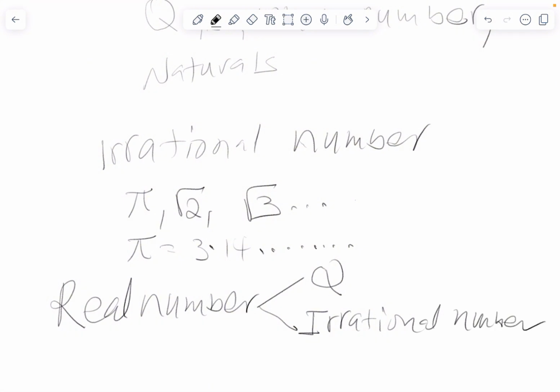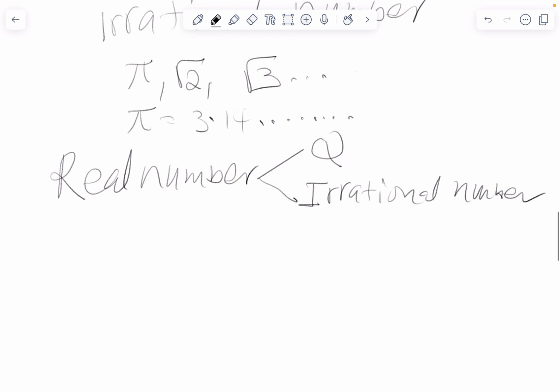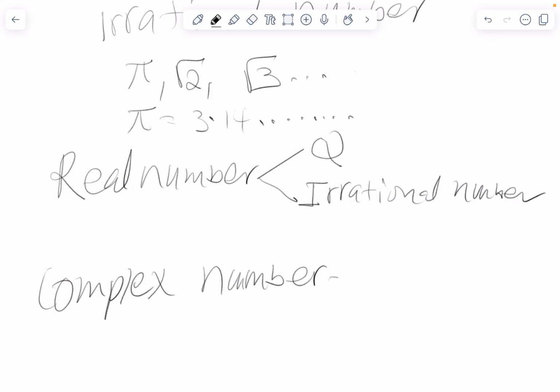So there is another number we can talk about if we have time. That's the complex number. A complex number can be written as a plus bi.